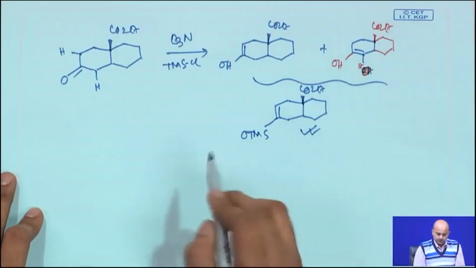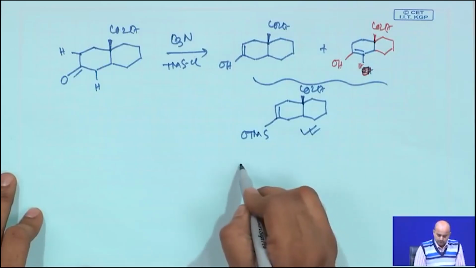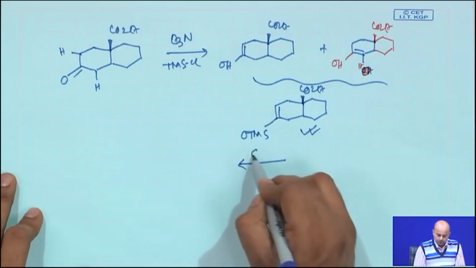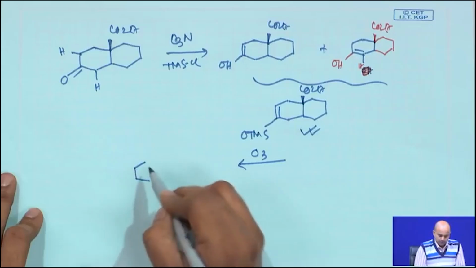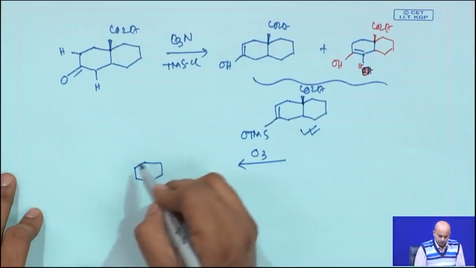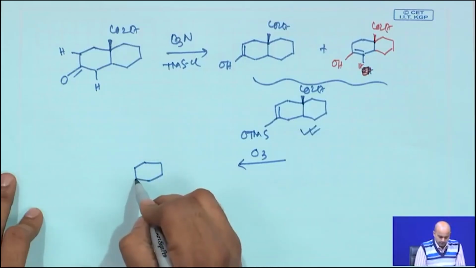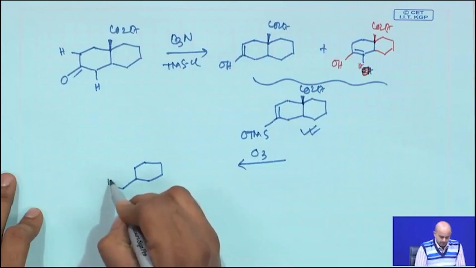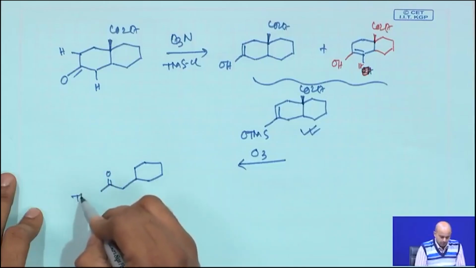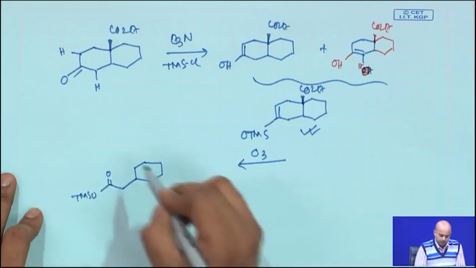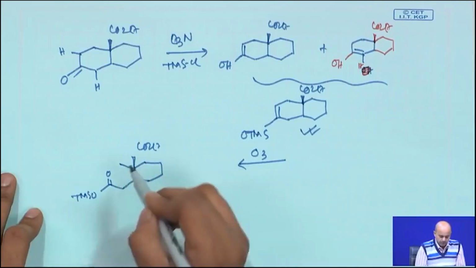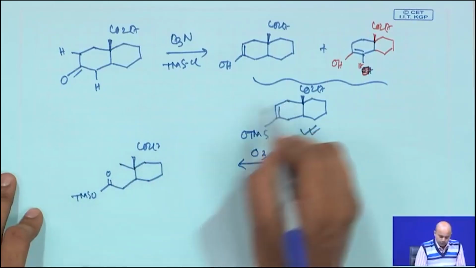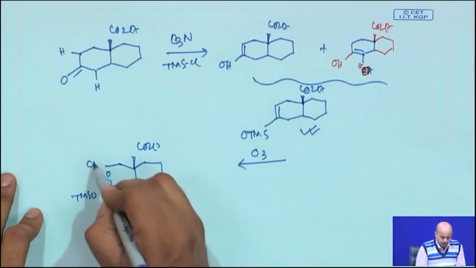Now, if you do the ozonolysis on this enol ether, what will you get? You get a C double bond to TMSO, and you have this CO2 here, and then you have this CH2 CHO.